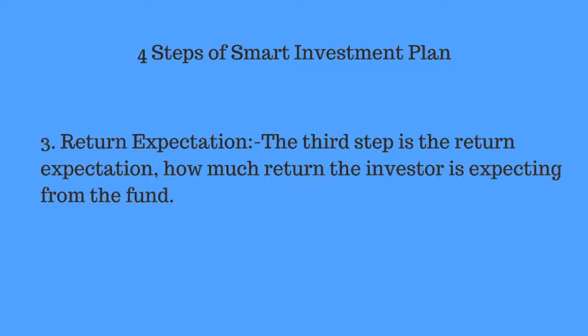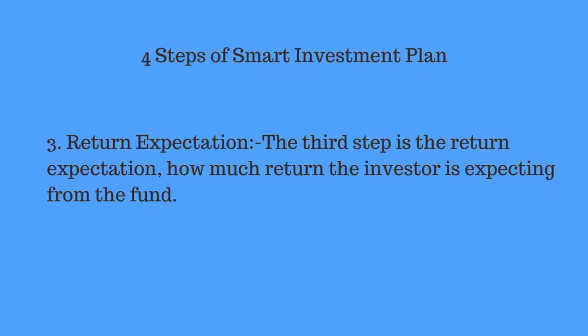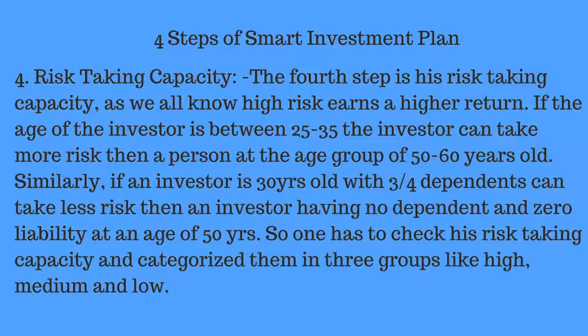And the fourth step is very important. The fourth step is the risk taking capacity of that person. As we all know, high risk earns higher return. If the age of an investor is between 25 to 35, then the investor can take more risk than a person in the age group of 50 or 60 years.